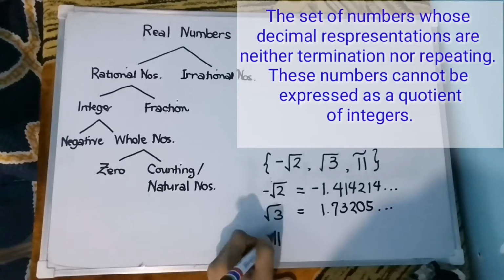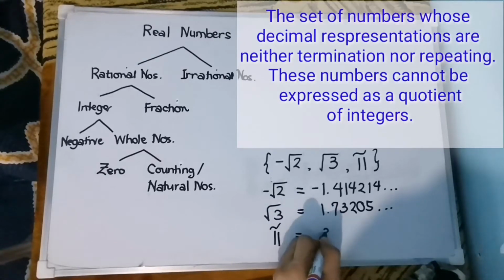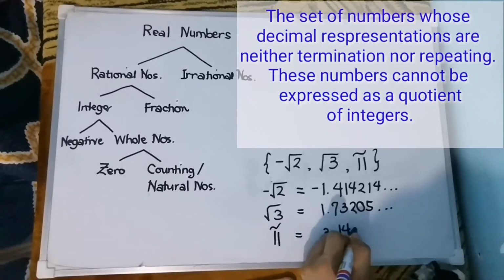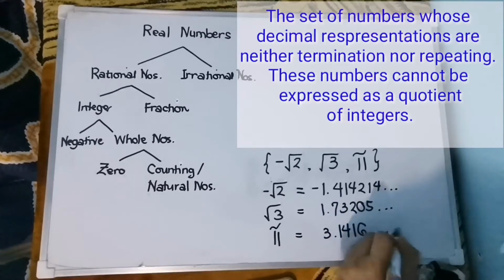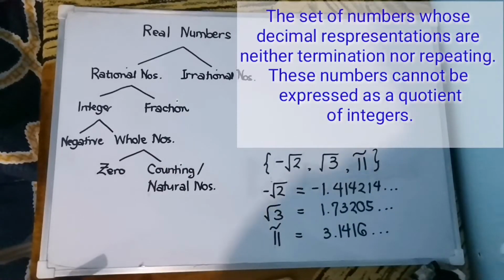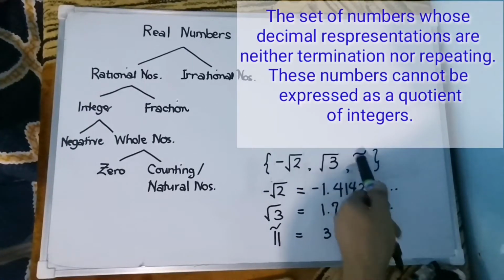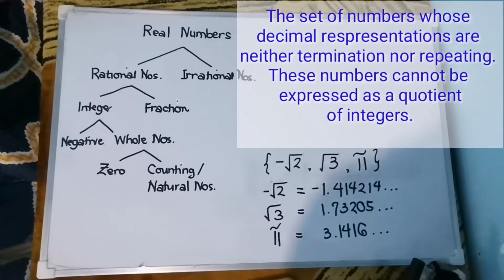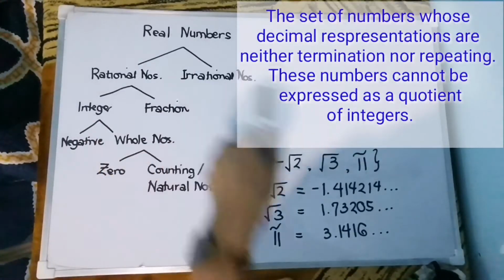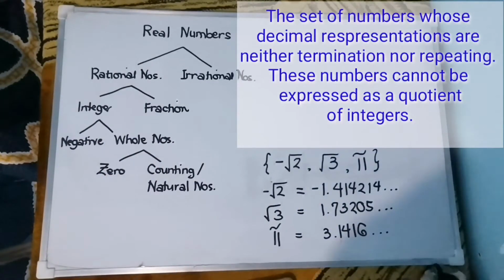While the value of pi, we all know that is 3.1416 and so on. Ayan. So again, these numbers cannot be expressed as a quotient of integers, and that is irrational numbers. So, ganun nagkakaiba yung rational numbers at irrational numbers.